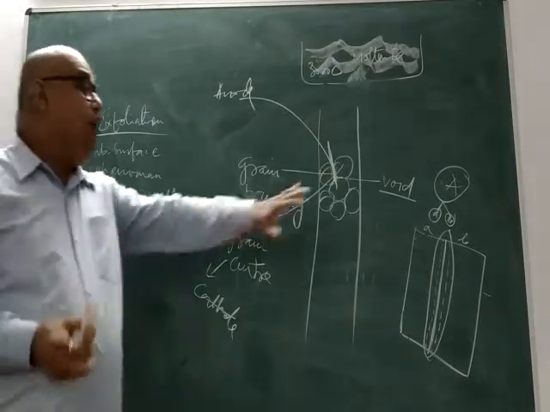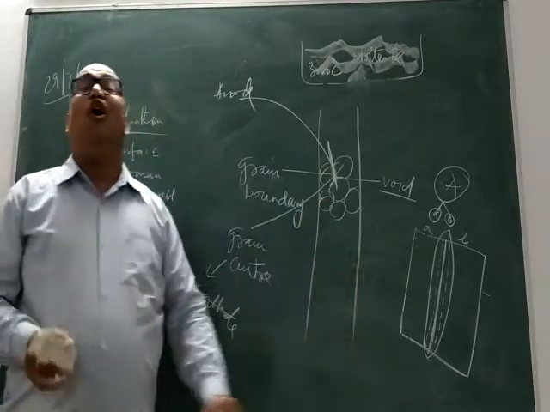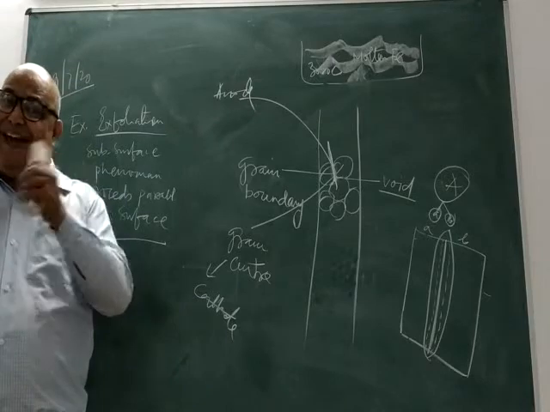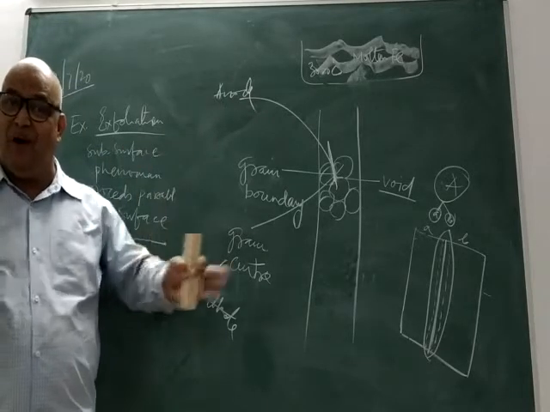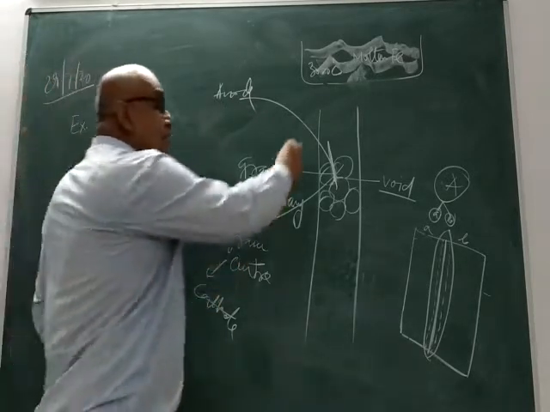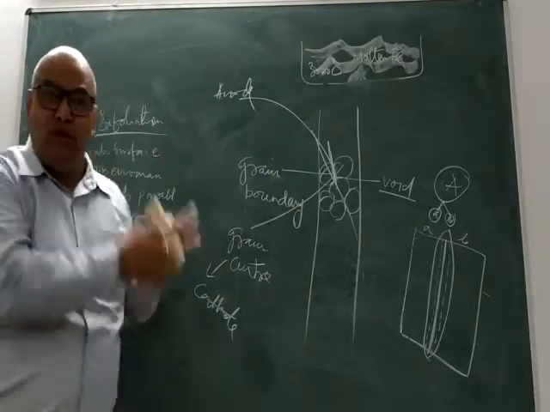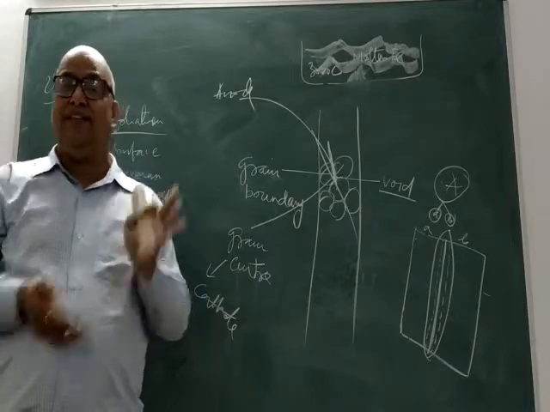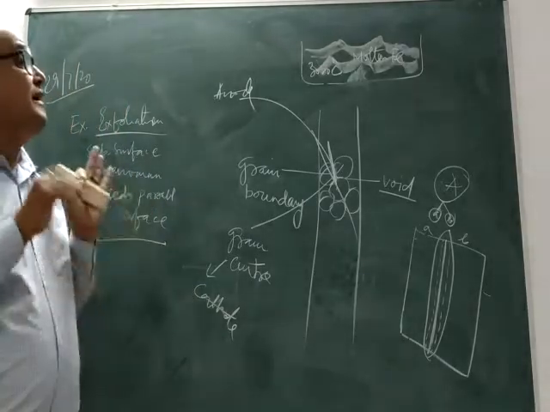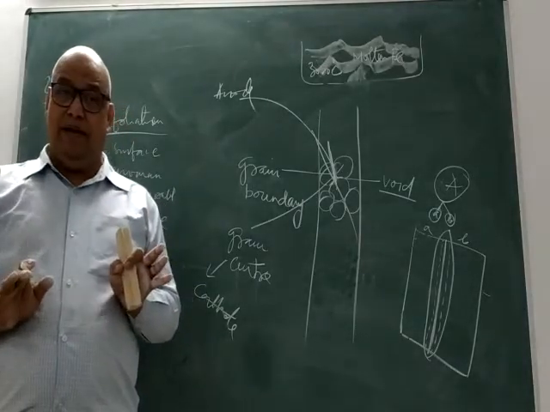You have made the building using this rod, but inside there is a crack on the grain boundary. Suddenly it will break down and the entire building will collapse. Corrosion of this type is known as intergranular type of corrosion. Try to understand that.